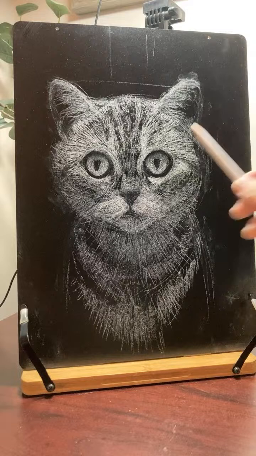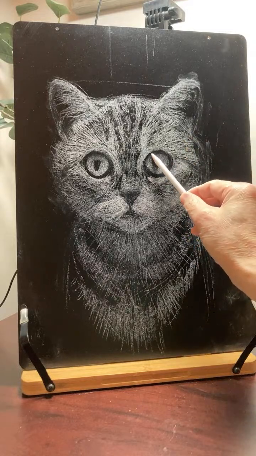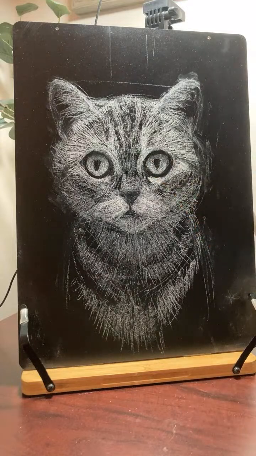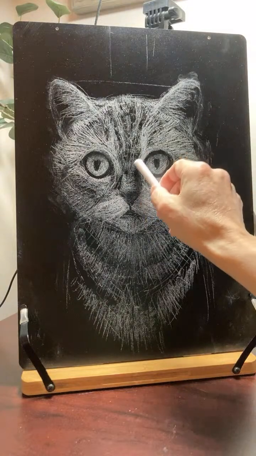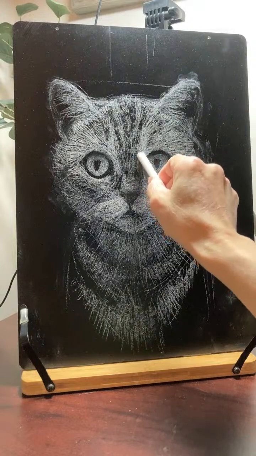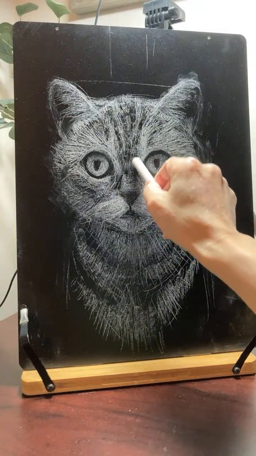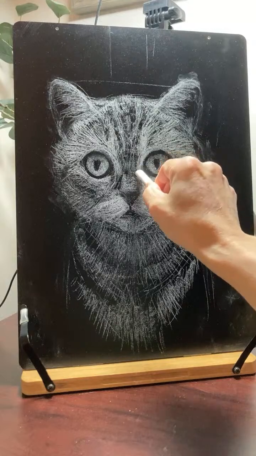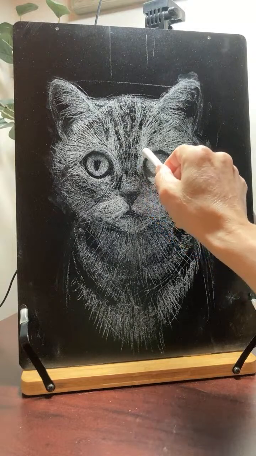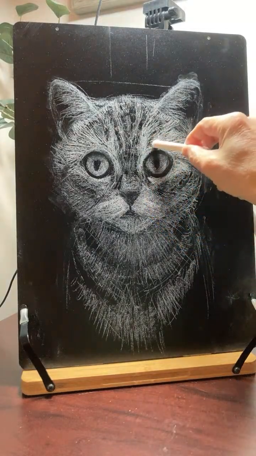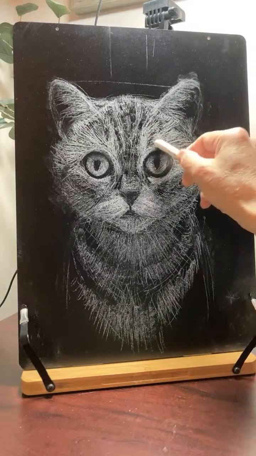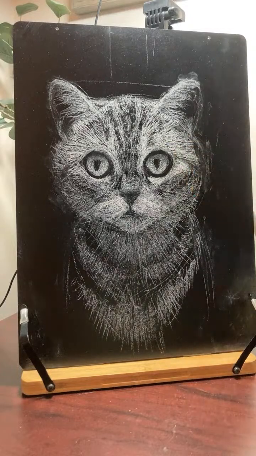So we start from the eyes. Now, we have these big eyes here. So this is dark. This is not quite light, and this will be lighter. And here, then we move that later.